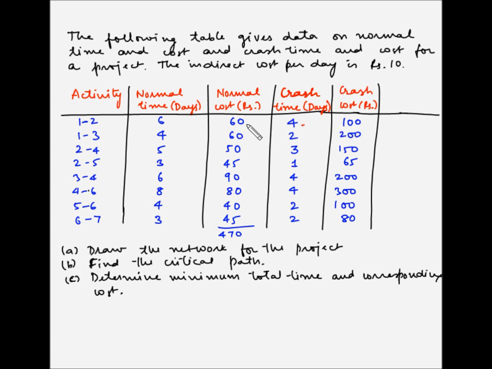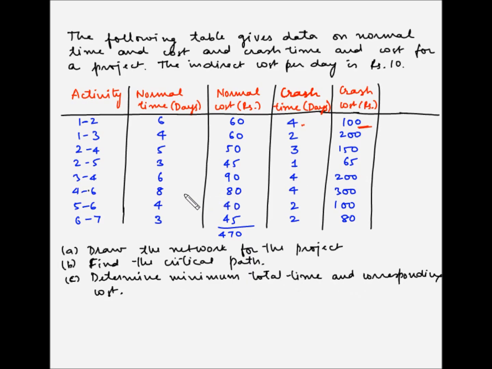So earlier the normal cost was 60 rupees, but after crashing the cost given to us for the first activity is 100 rupees. So similarly we have been given the crash cost for each of the activities along with the crash time. Now we have to draw the network for the project, find the critical path, and then determine minimum total time and corresponding cost.